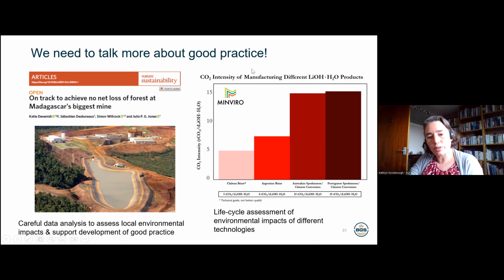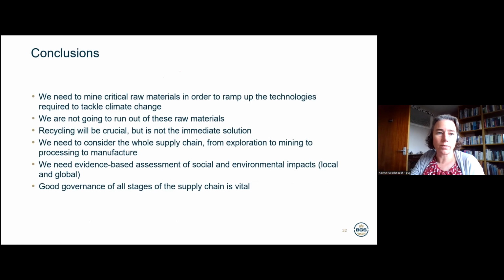It illustrated, for example, that brine mining may cause concerns to people around the local impacts, but on a global basis, it's much better than mining hard rocks and going through all of the processing you have to do with hard rocks. So the thing about this is it really gives the evidence upon which to have conversations. And for me, that is the critical thing.